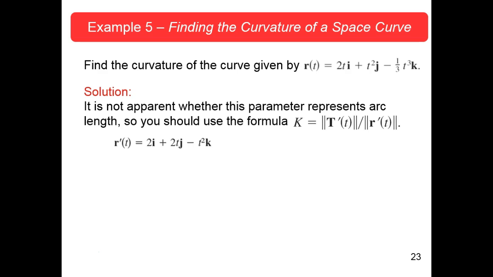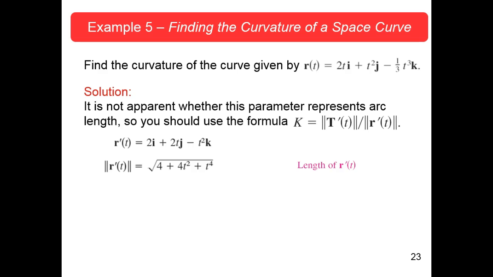Your R prime, what you're going to need, is 2i plus 2tj minus t squared k, which we got that too. We went on and did the second derivative too. They are not going to. So your magnitude of that would then be the square root of 4 plus 4t squared plus t to the fourth, okay, which is what we got.